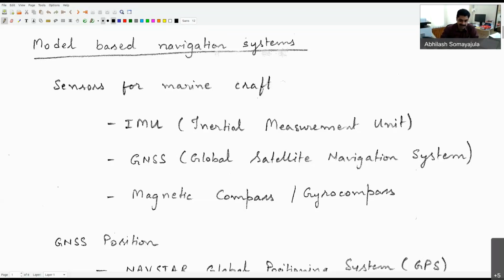So this topic will mostly be talking about navigation, where we'll be understanding, as the sensor data comes in, how do we estimate the best estimate of the full state vector of the vehicle and use that in order to control the vehicle. So we have the controller part and the guidance part fixed in place, but we need a best estimate of the state of the vehicle at every time step so that we can feed it to our controller in the feedback loop.